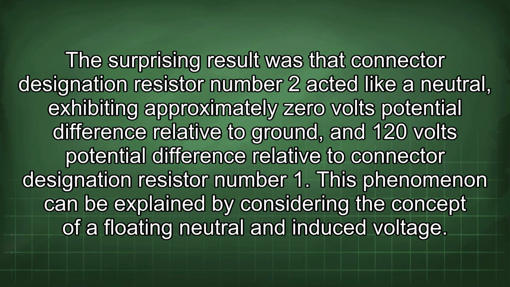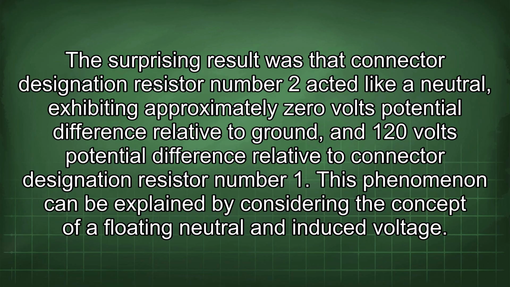The surprising result was that connector designation resistor number 2 acted like a neutral, exhibiting approximately 0 volts potential difference relative to ground, and 120 volts potential difference relative to connector designation resistor number 1.